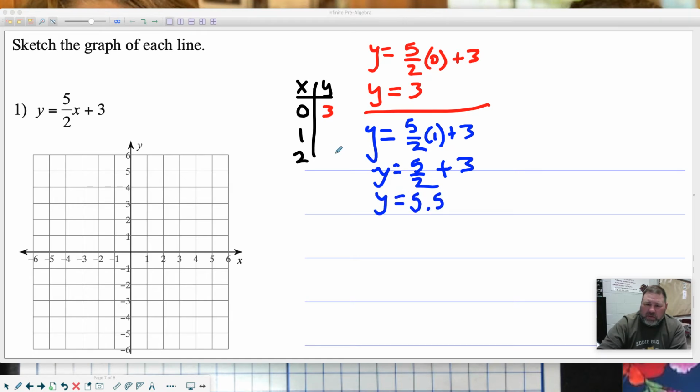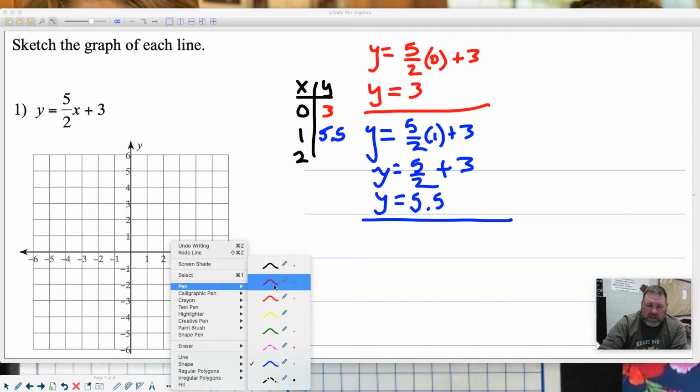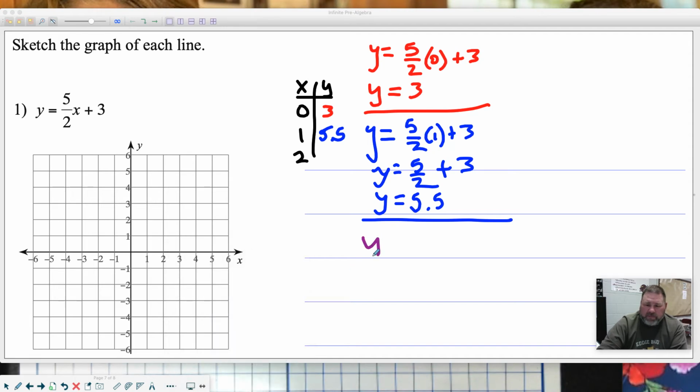Or you can put it as a decimal, whichever one you like. Okay, and then let's go ahead and plug in the 2. Y equals 5/2 times 2 plus 3. And I love it because these 2's cancel out, and that gives me 5 plus 3 is 8.